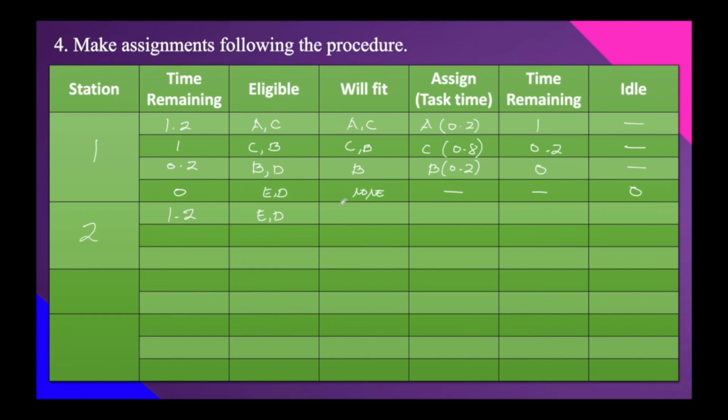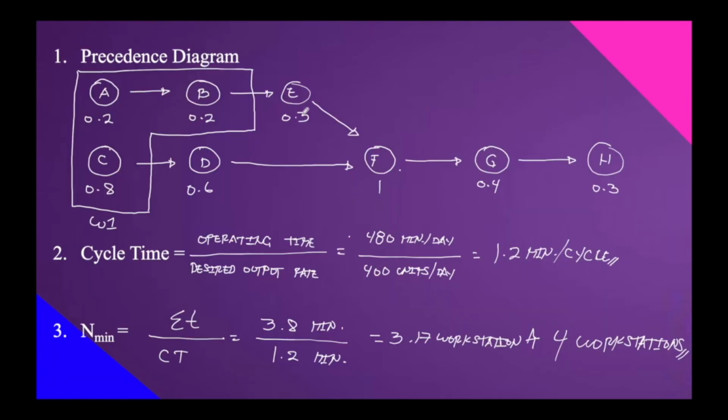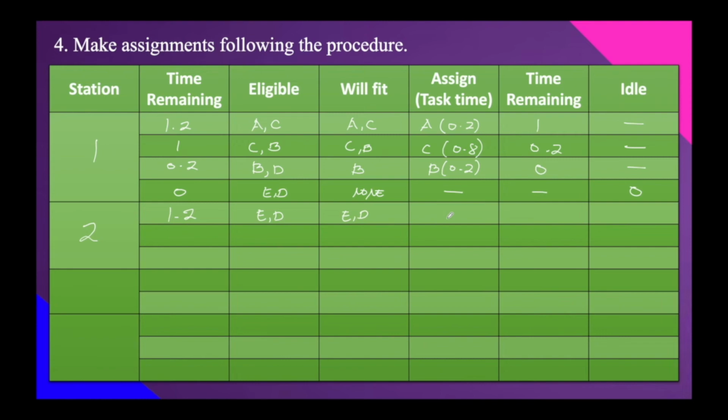So, will fit pareho po sila. Dahil si E is actually 0.3, si D is 0.6. Ang ating max is 1.2, so pwede sila. Pero unahin natin si D muna. Or si E, depende sa'yo kung ano. Wala naman rule dito. Dahil ulitin ko nga, this is more on heuristics. Intuitive. Okay, so 0.6 si D. So 1.2 minus 0.6, we still have 0.6 time remaining.